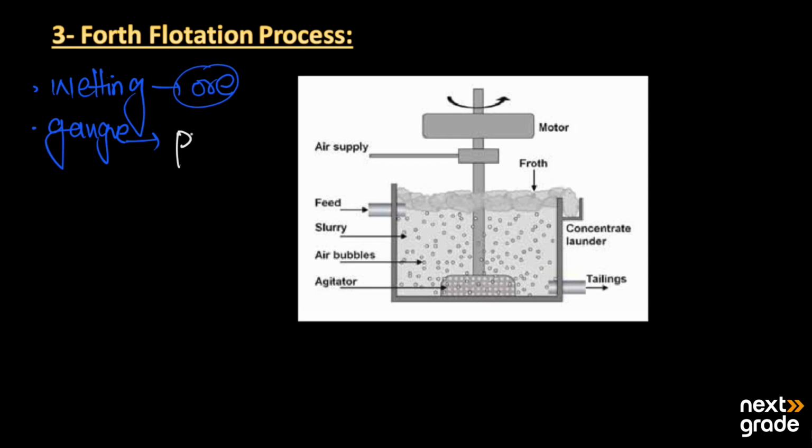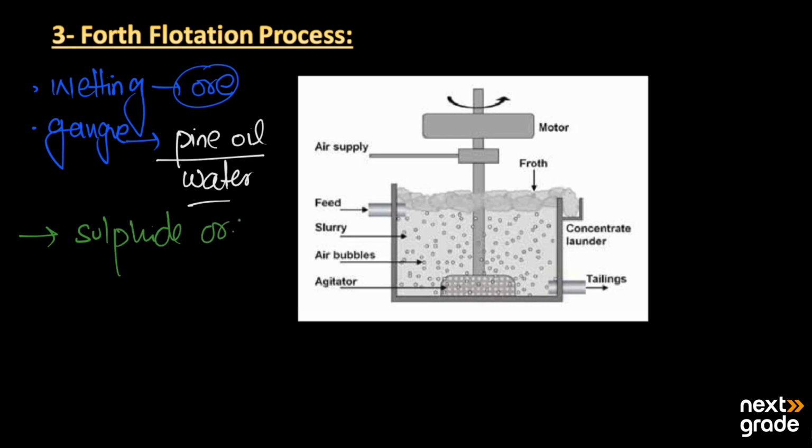The first one is pine oil, and the second is water. So, how does this happen? Just have a look. This method is basically used for the purification of different materials, especially sulfide ore.